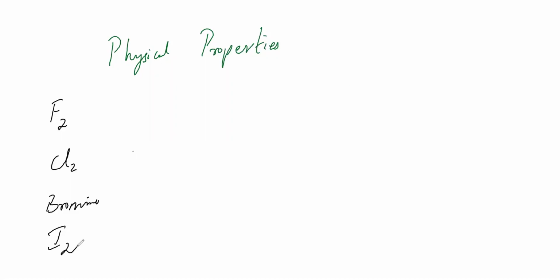Fluorine and chlorine are gases. Bromine is a liquid, and iodine is a solid.